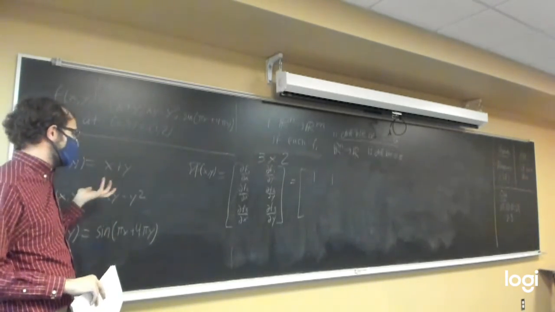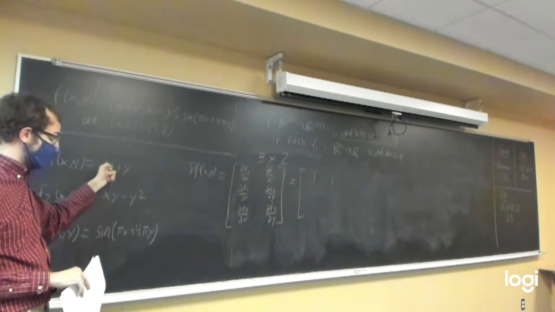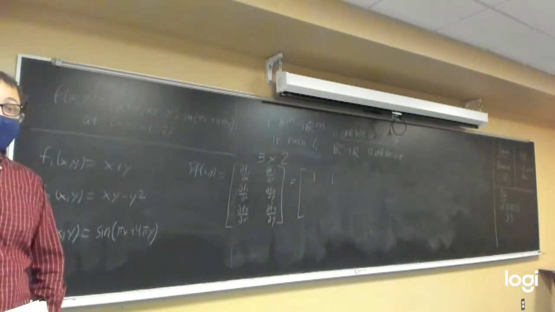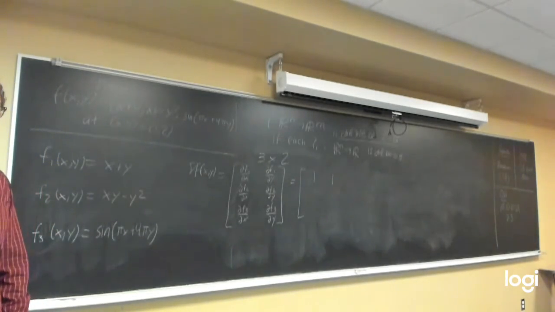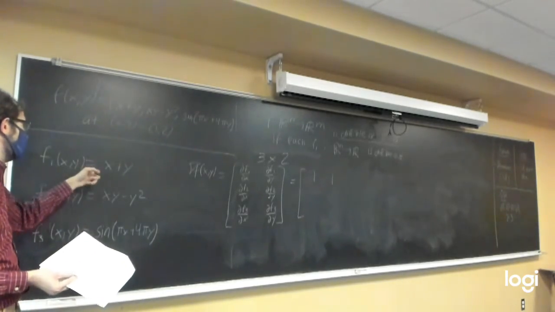And if we differentiate with respect to y, same thing but in reverse. Derivative of x will come out to 0, derivative of y will come out to 1. So our first row is not going to have any x's or y's in it, it's just going to be 1, 1. Because this function has constant partial derivatives.